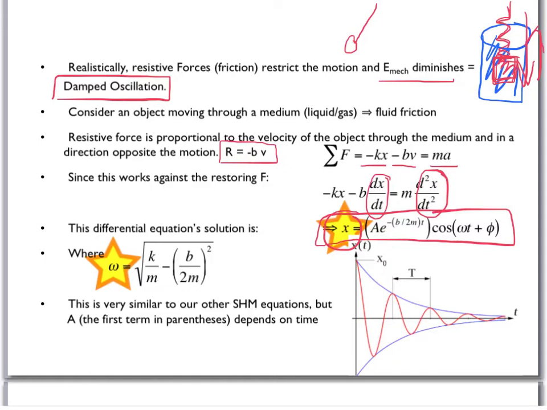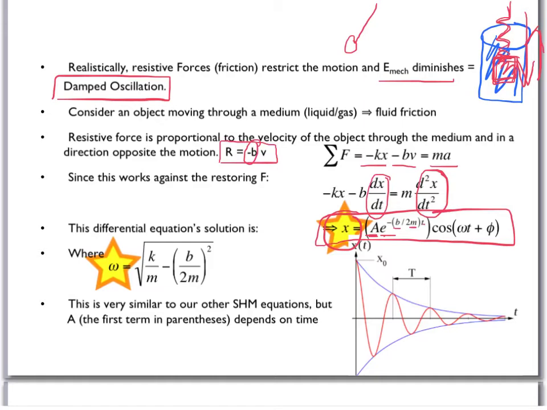Its position is equal to A e to the negative b over 2m times t, times the cosine of omega t plus phi. Some things to know: b is the constant of that resistive force. A is still the maximum amplitude that you're starting at. e is that same e to the x function that you already know about. m is the mass of the oscillator. t is time.